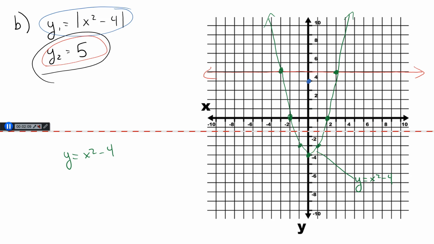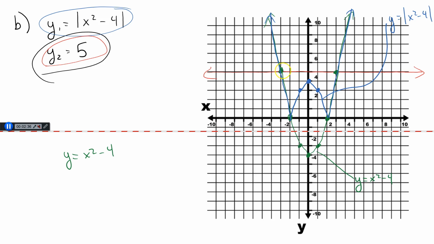This one becomes 1, positive 3. This one becomes negative 1, positive 3. Notice that you can still have a negative x value, just not a negative y value. So when I graph this, this right here is our y equals the absolute value of x squared minus 4.